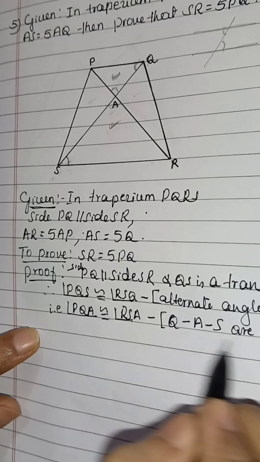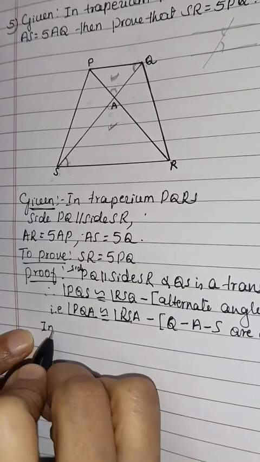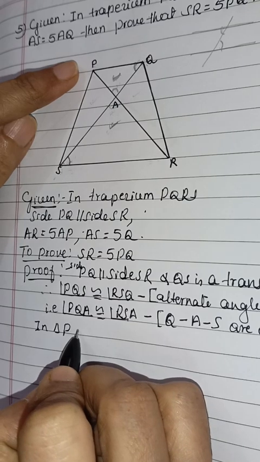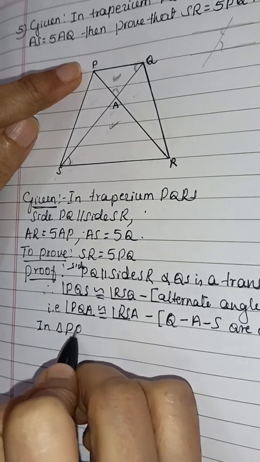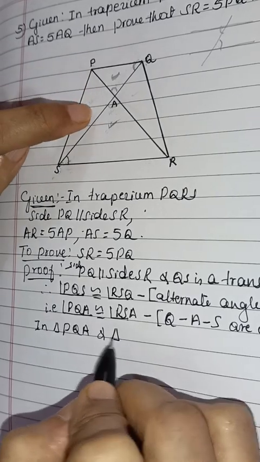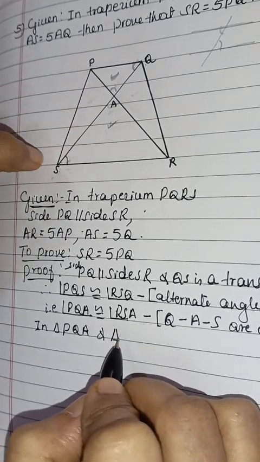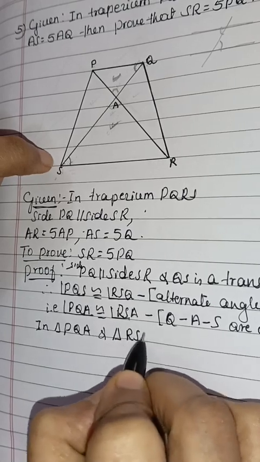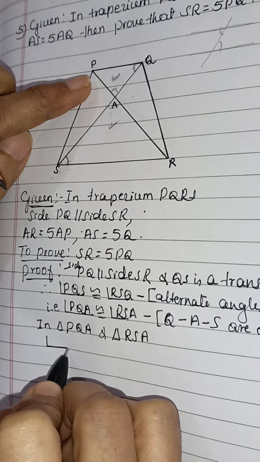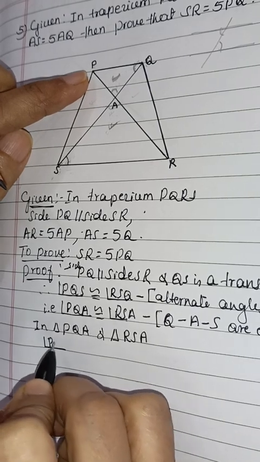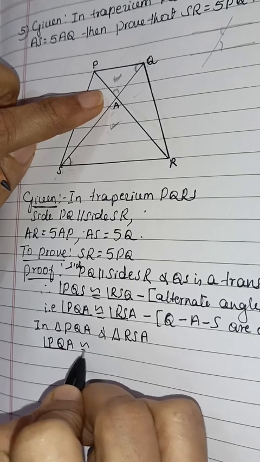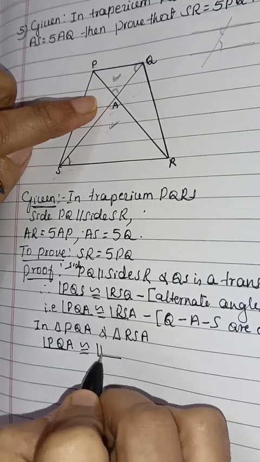In triangle PQA and triangle RSA, angle PQA is congruent with angle RSA.